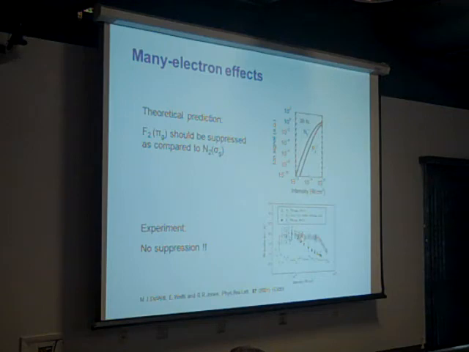This is still an open problem, but most likely many-electron effects play a large role in F2. It's very hard already to get a theoretical description of these molecular orbitals. To explain this, you clearly have to go far beyond the quantitative description that I've given you before. Good.